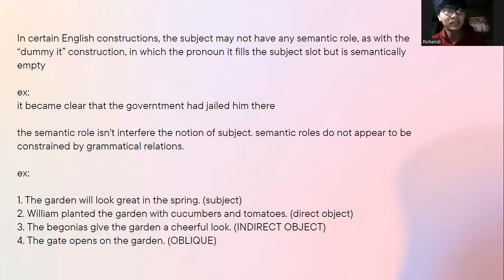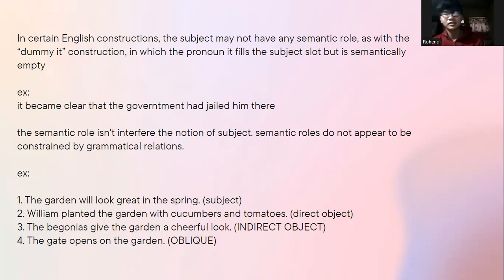In certain English constructions, the subject may not have any semantic role, as with the dummy construction, in which the pronoun it fills the subject slot but is semantically empty. Jadi kata it itu bisa kosong artinya di sini. Jadi untuk semantic role, dummy it is empty.